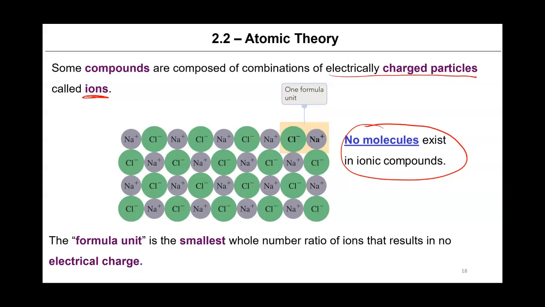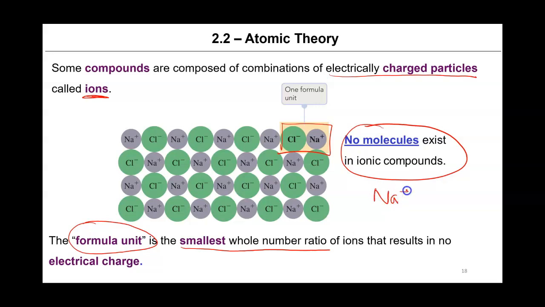Instead, what we have is a crystal with a regular repeating pattern of the positive and negatively charged ions. What we tend to do for an ionic compound is write the formula unit. The formula unit represents not the ions that are present in one molecule, but rather the smallest whole number ratio of ions that results in no electrical charge.